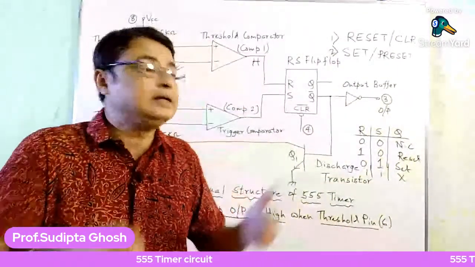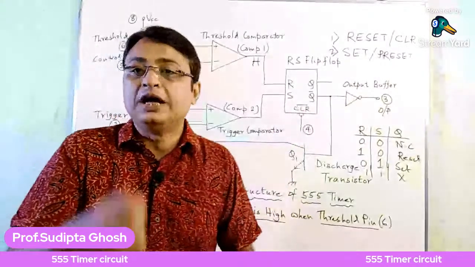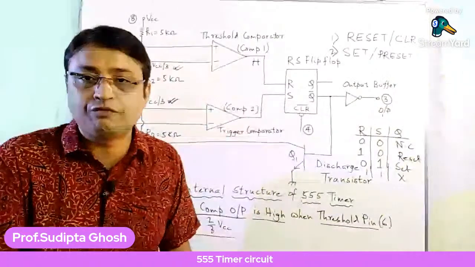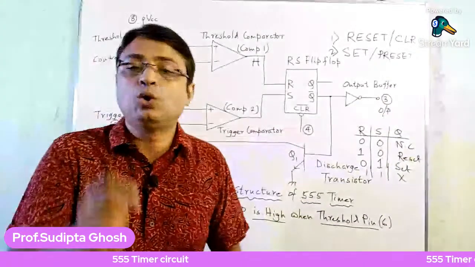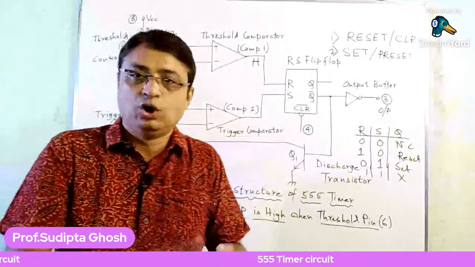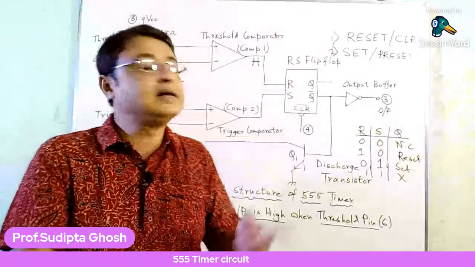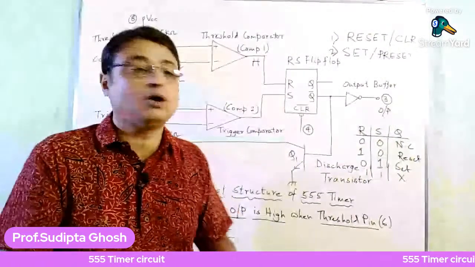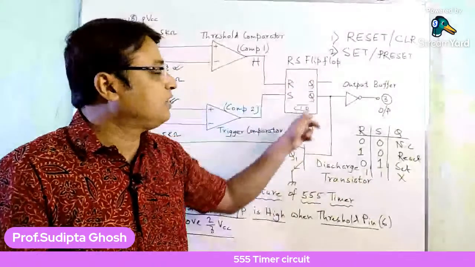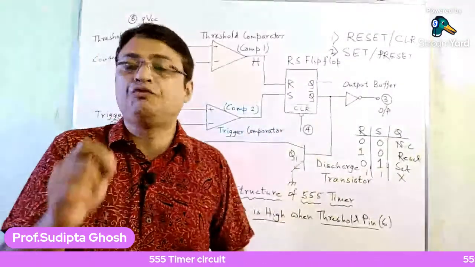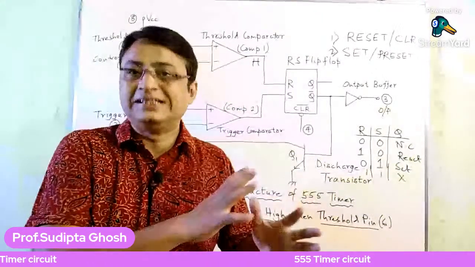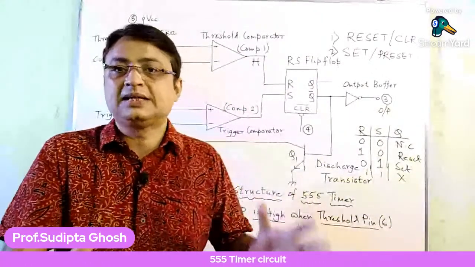To enable the clear input you have to give a low value, because it is a low active enable input. So by giving a 0, low meaning 0, to this clear terminal, terminal number 4, the RS flip-flop output, or the Q value, will go to 0, or the flip-flop will reset. Is it clear, Pranav?